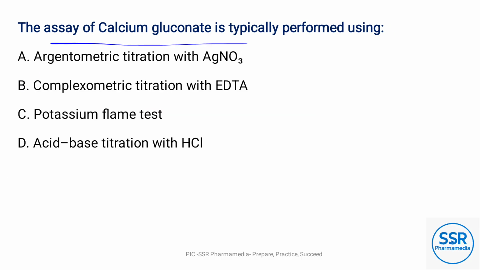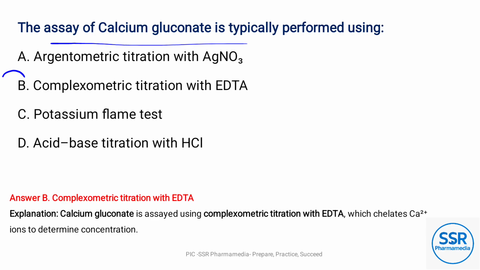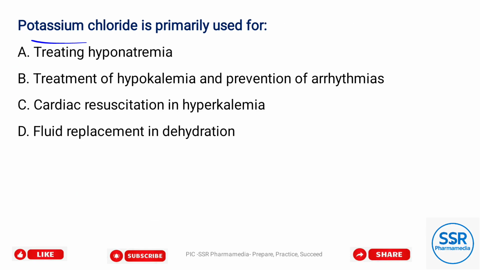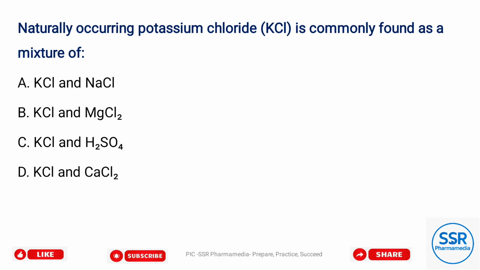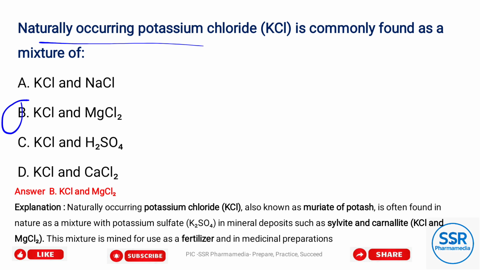The assay of calcium gluconate is typically performed using, option B, complexometric titration with EDTA. Potassium chloride is primarily used for, option B, treatment of hypokalemia and prevention of atmiasis. Naturally occurring potassium chloride is commonly found as a mixture of, option B, potassium and magnesium chloride.